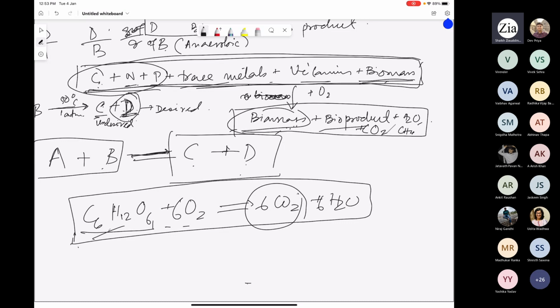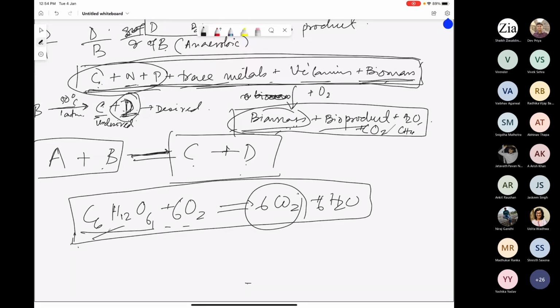This balancing of equations you have already done in your class 8 level chemistry, right? If I just ask you to do a simple balancing of a stoichiometric equation, then find out the parameters, you can easily do that, right? The only thing is all the components should have a defined molecular formula. Then you can easily do it, right?